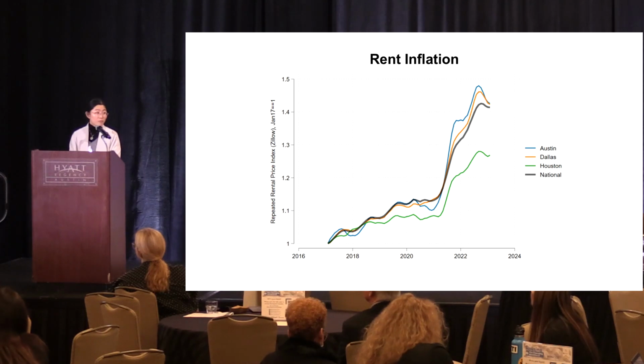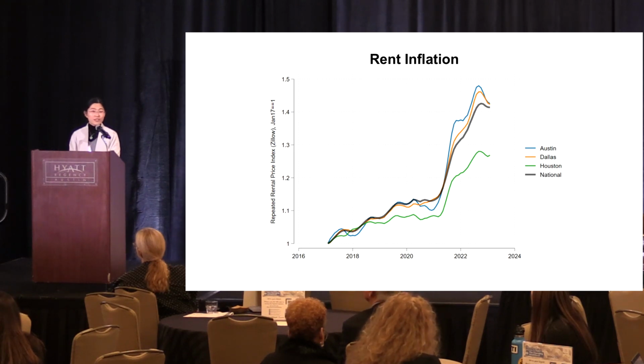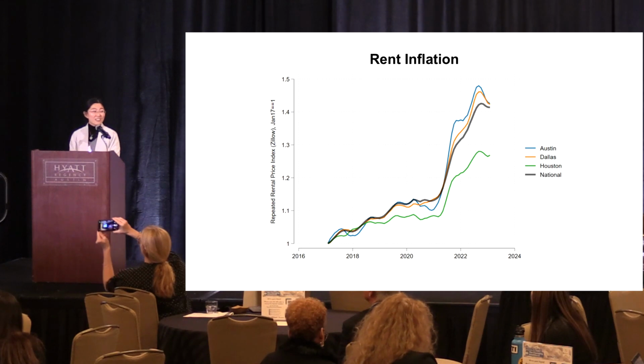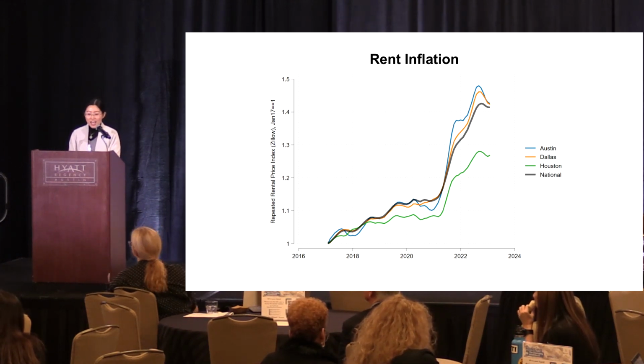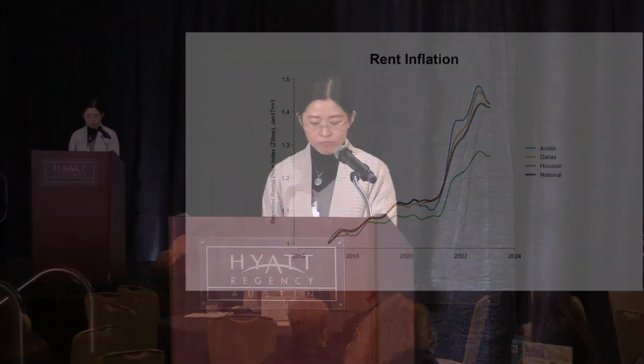Rent, for example, has skyrocketed since the start of the pandemic. On the very top there, you see Austin, leading national numbers and Dallas numbers and throwing Houston in a rearview mirror, really. And that's also a percentage increase that's built on an already high rent price in Austin.